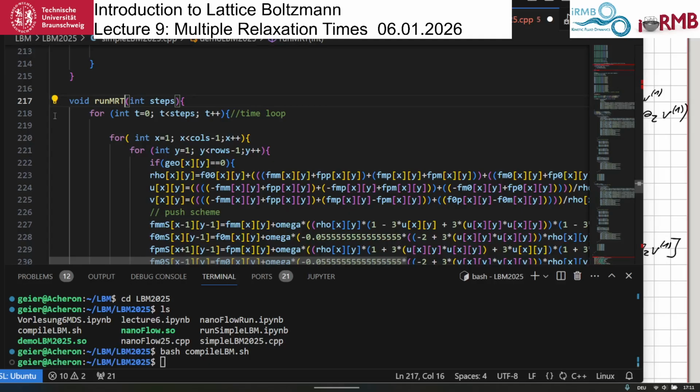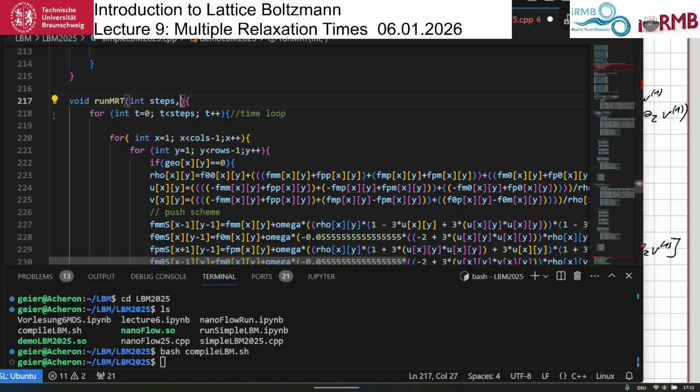Okay, being lazy, being late, and so on, I'll put the other relaxation rates just in the parameter list. So we'll have 3 more of them.